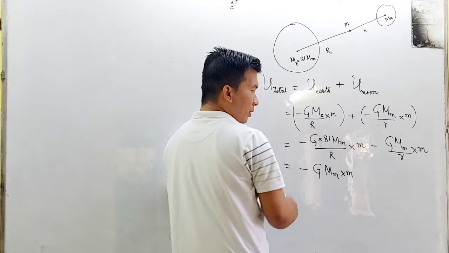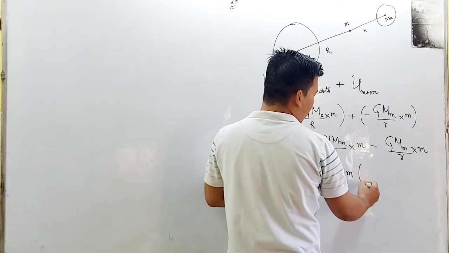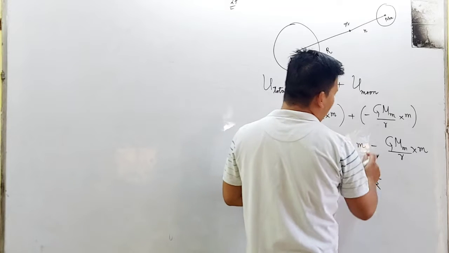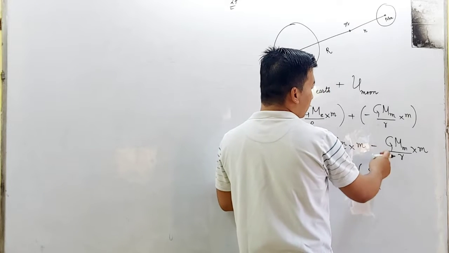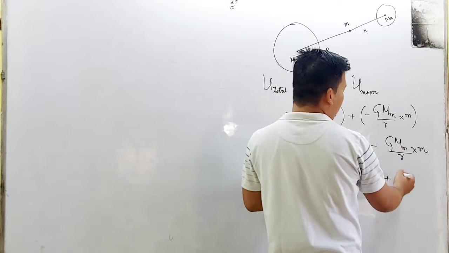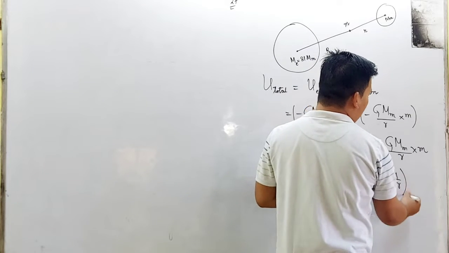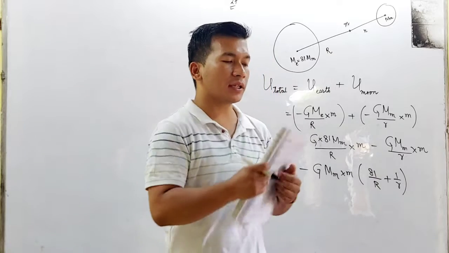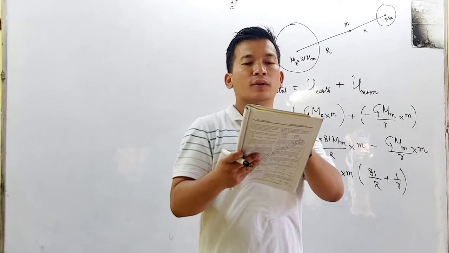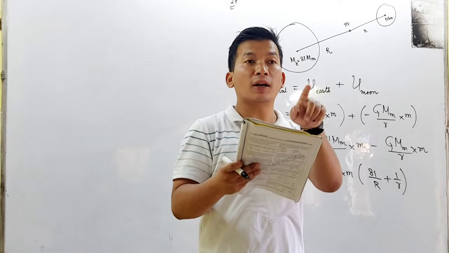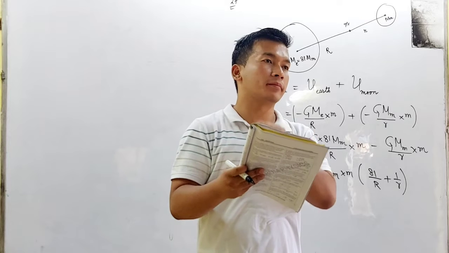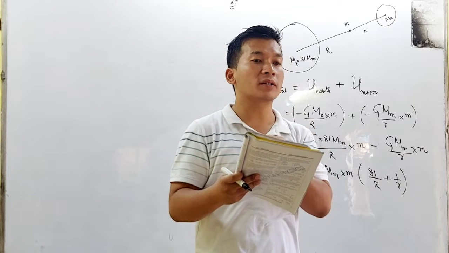See, common here, this will be 81 times divided by R, and this will be plus, and this will be only 1 by small r. Option number 3 is the answer. You should change your capital M E to lowercase; it must be replaced with M, the mass of the moon.